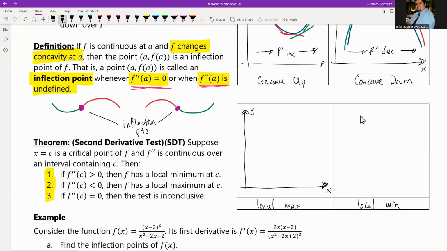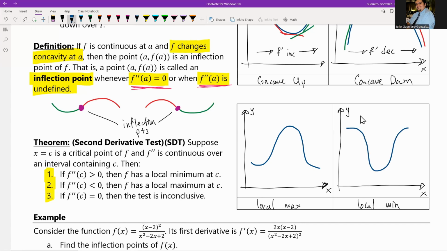Suppose you had a local max, so suppose you had a graph that did that. And then over here, suppose you had a graph that did a local min. We know that these points right here are our critical values. This is my point C. This is my other point C.